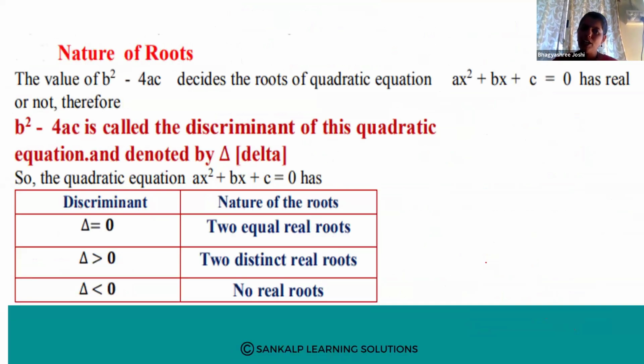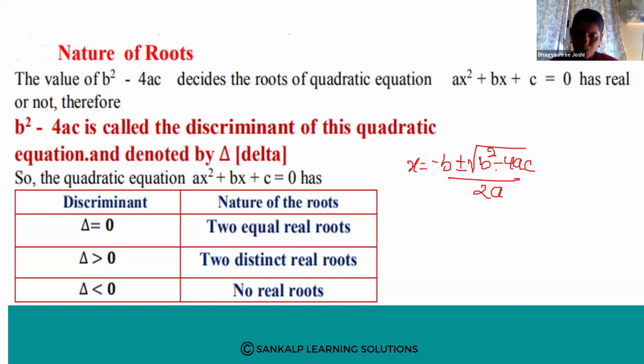Nature of roots. The value of b square minus 4ac decides whether the roots of the quadratic equation ax square plus bx plus c equal to 0 are real or not. So, we know the formula called the quadratic formula. This formula is used to find the roots of a quadratic equation, and it is also called Sridhar's formula, right? x is equal to minus b plus or minus square root of b square minus 4ac, divided by 2a, right?